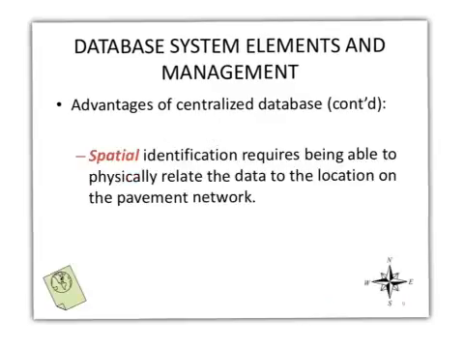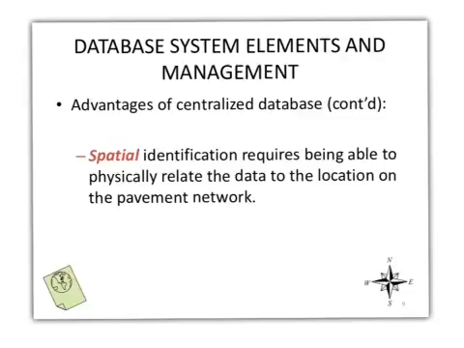The other side of the accuracy of the data besides the integrity is the spatial identification, which requires being able to physically relate the data to the location on the payment network.